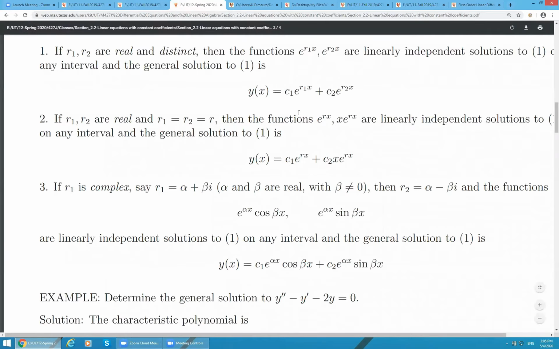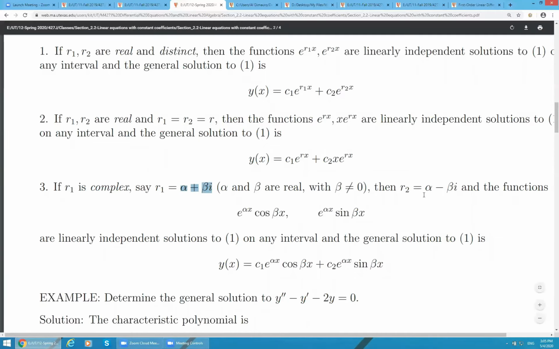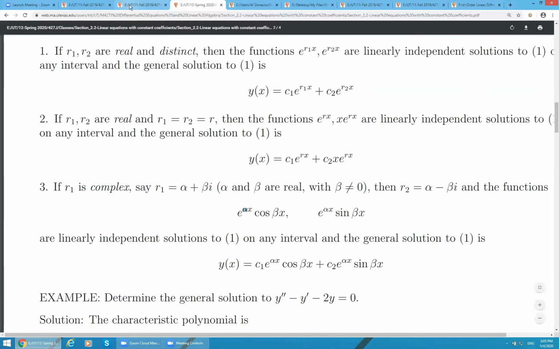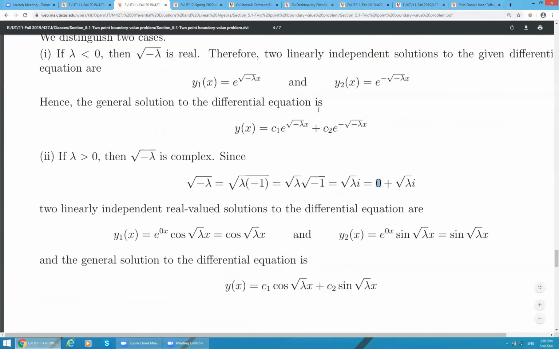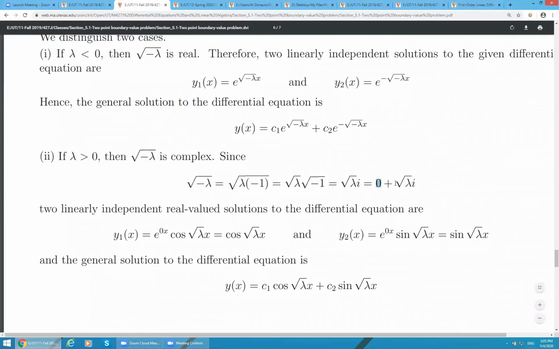In section 2.2, we say that if roots are complex and written as alpha plus minus beta i, then particular linearly independent solutions of our equation are this and this. Observe that in our case alpha is 0, beta is square root of lambda.